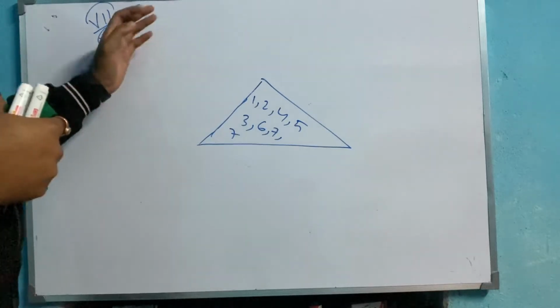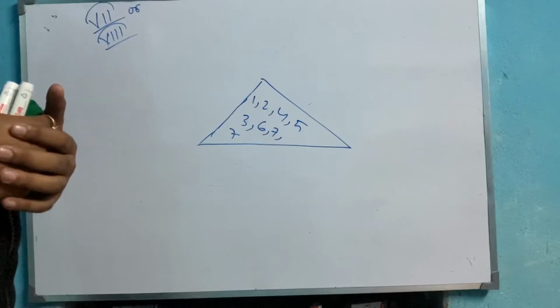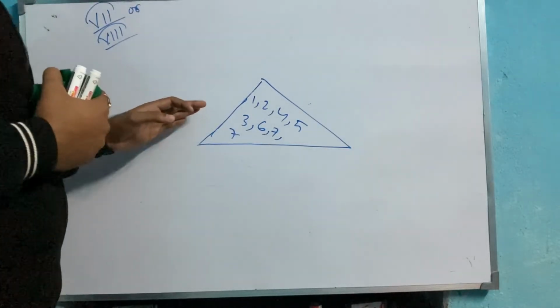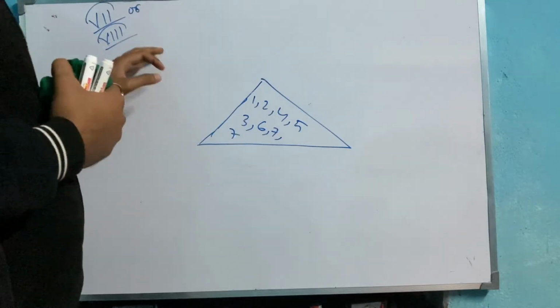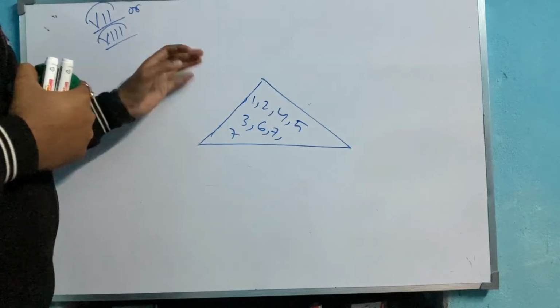You have seen the previous triangles, so you can say. But if you haven't seen the previous triangles, then how can you tell where the numbers were taken from?